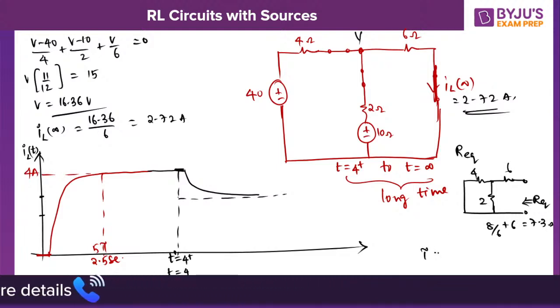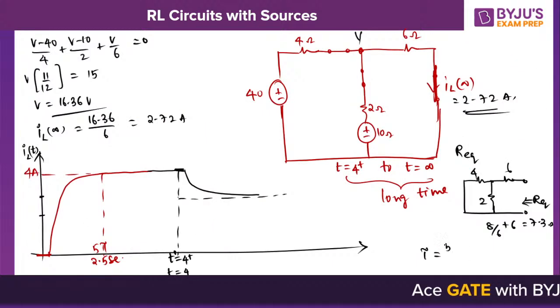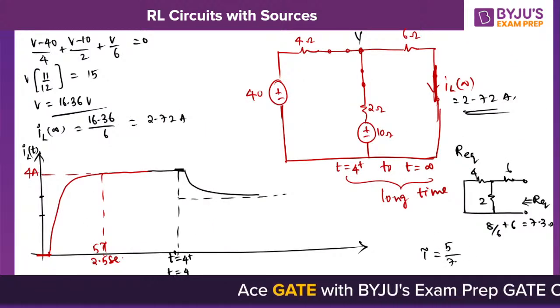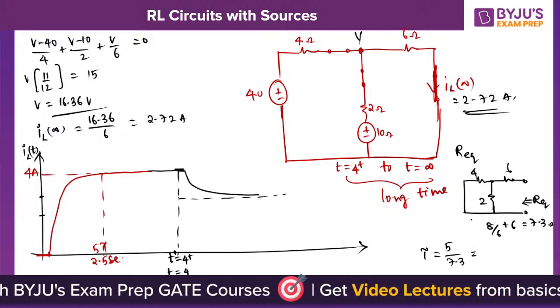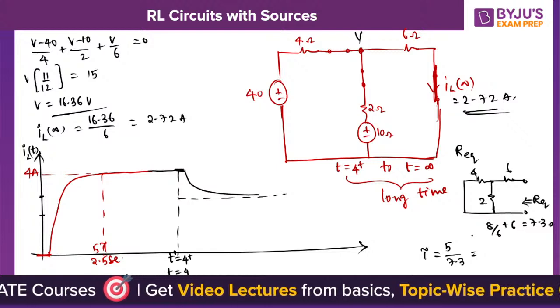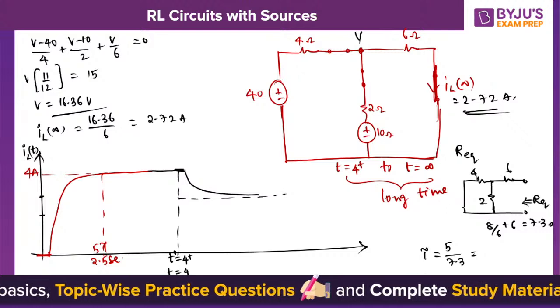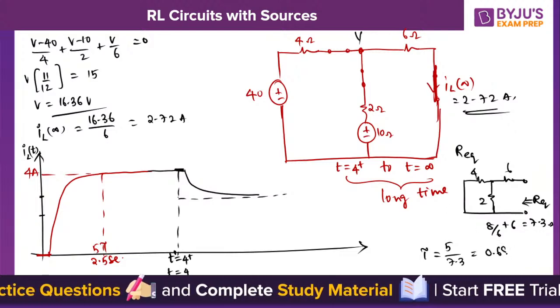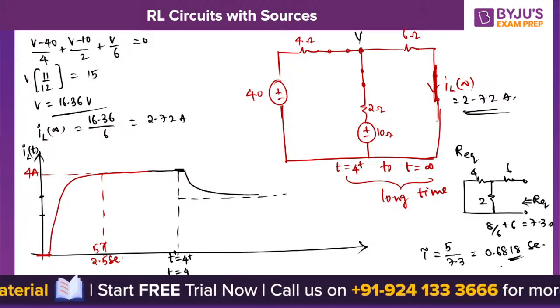So what is tau now? L by R. L is 2 henries, sorry, 5 henries. 5 by 7.3, I'm getting around 0.68. This is the time constant.